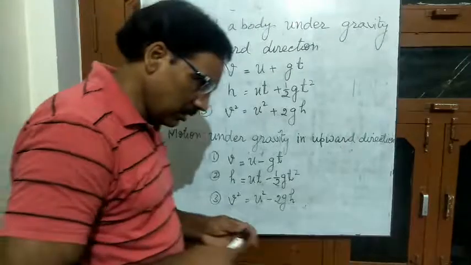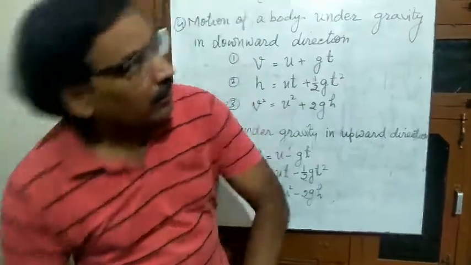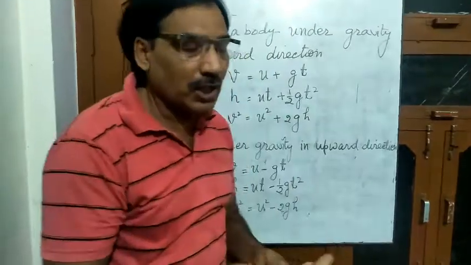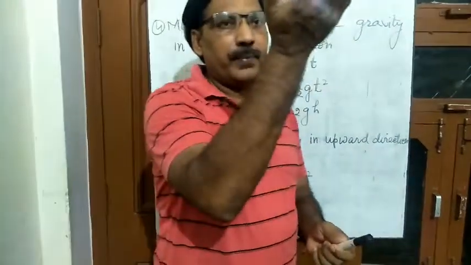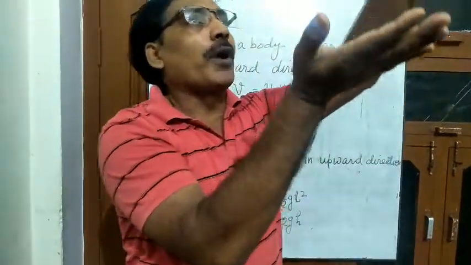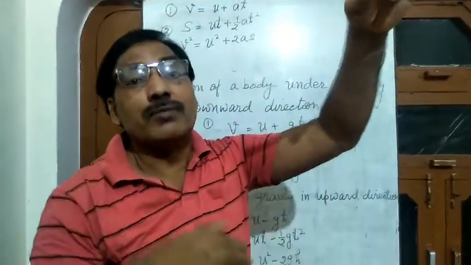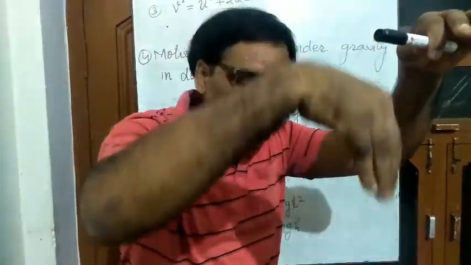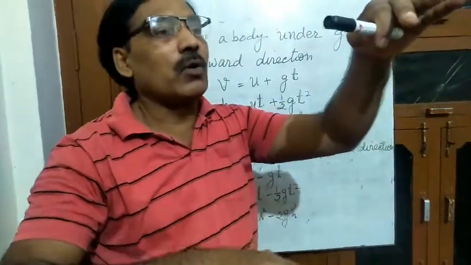Next point: suppose a body is thrown upward. You give some initial velocity, then the body will go up, up, up, and at the highest point, its velocity will become 0. Why? Because acceleration due to gravity is acting downward, so its velocity will go on decreasing.